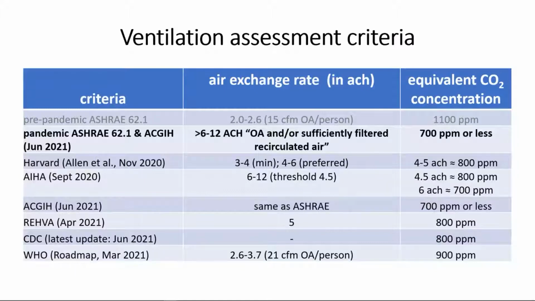However, during the pandemic, they said you need more air than this. And so now their current recommendation, along with the ACGIH, is that you have at least 6 air changes per hour, and you want it somewhere in the range of 6 to 12, which would be equivalent to a carbon dioxide level of 700 parts per million or less.